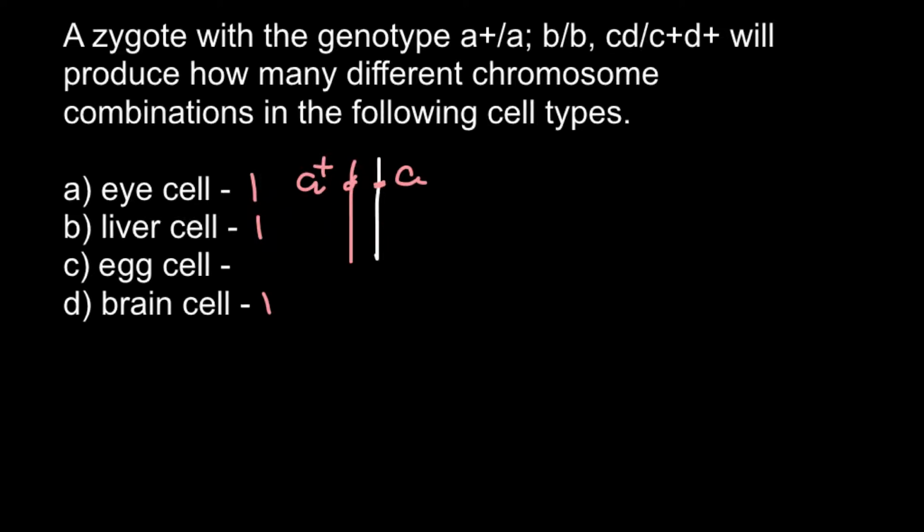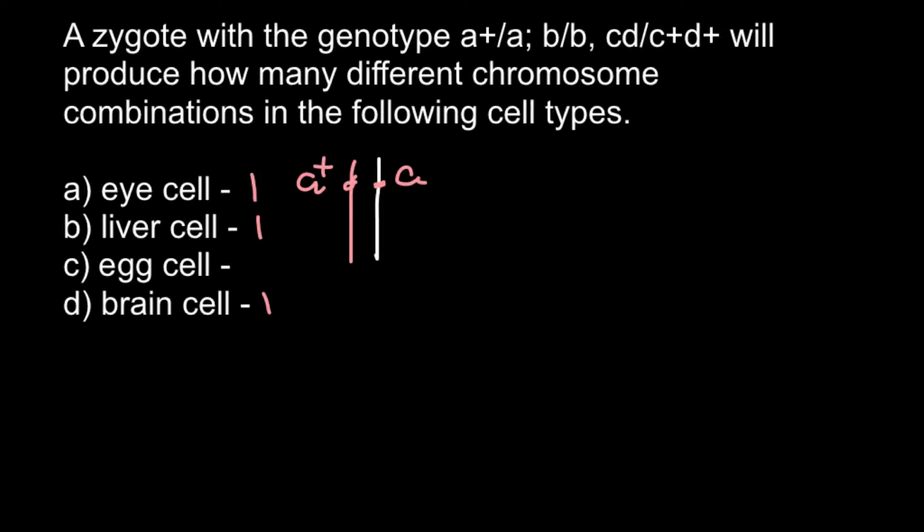So in diploid organism, we may see a situation when on both chromosomes we would have, say, A plus, or A, and we can see A plus and A. So three combinations possible if the gene pool consists of only two alleles.